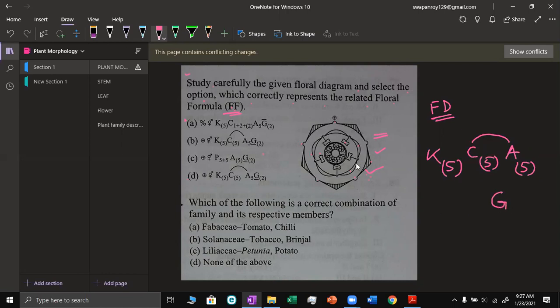Gynoecium: here you can see two chambers, due to a partition line. The number of chambers in the ovary is one indication of the number of carpels, and the carpels are united into one, so two carpels united. Whether it is superior or inferior is not expressed in the floral diagram.